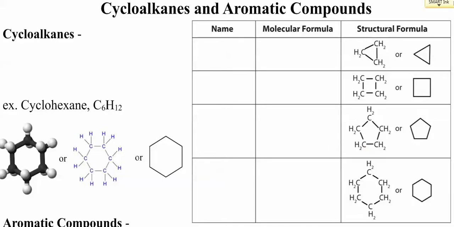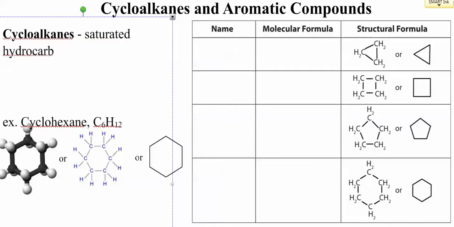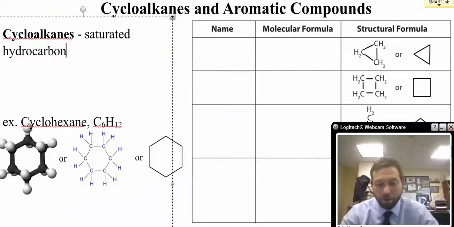So let's talk about cycloalkanes. Alkane is in there, so we're definitely talking about carbons and hydrogens. This is considered a saturated hydrocarbon, much like the alkanes from when we first learned them, where we learned that they have hydrogens around all of their carbons, as many as they can have.